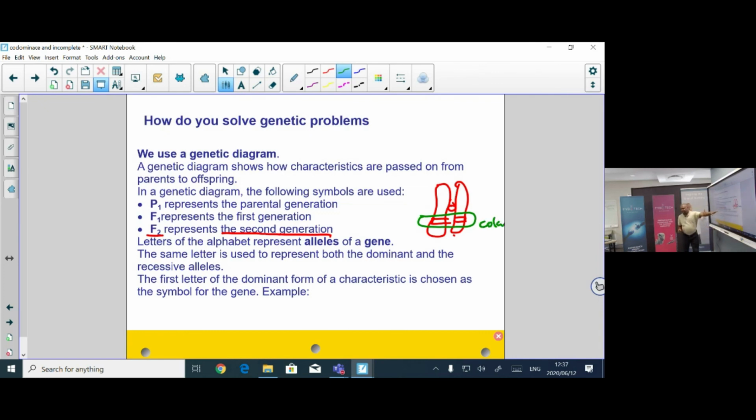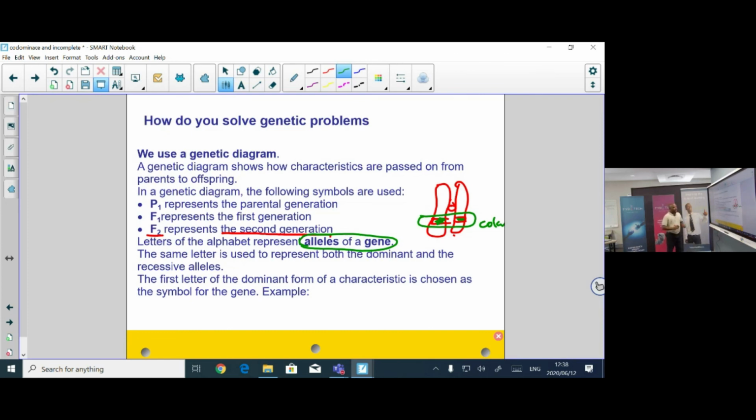When I'm representing coat color from my previous example, it could be either red or it could be white. So the alleles will represent this allele and this allele. Alleles of a gene. That's where it comes from.